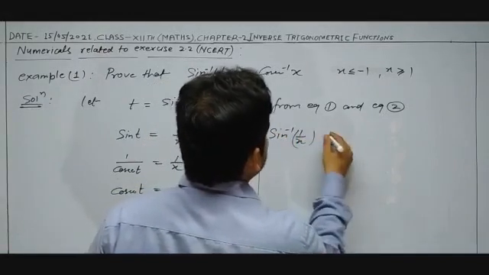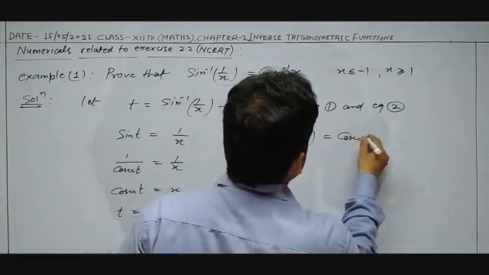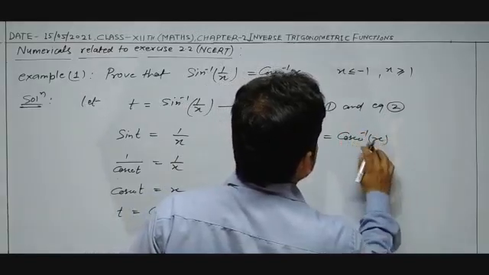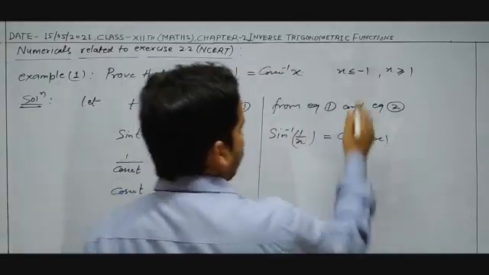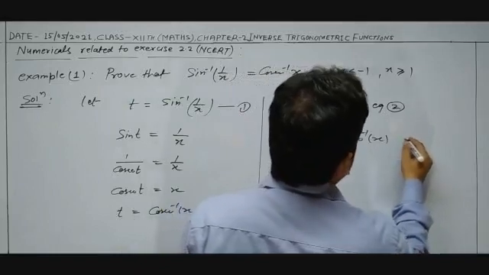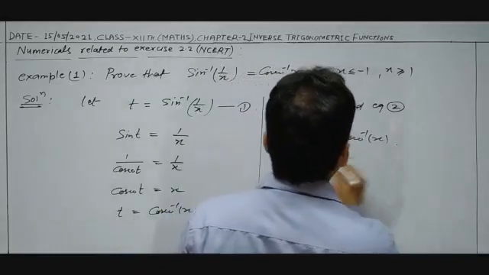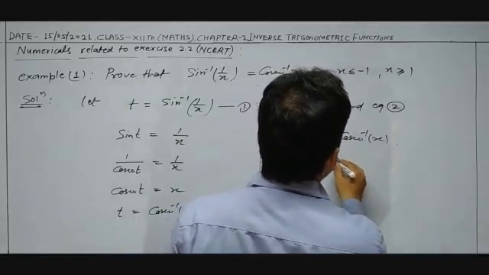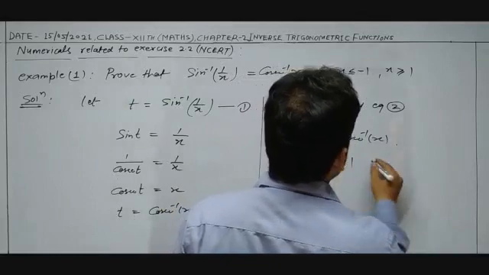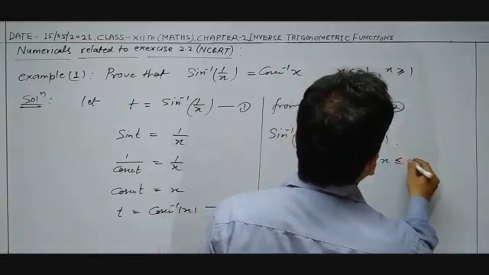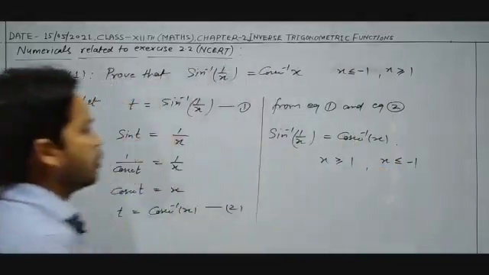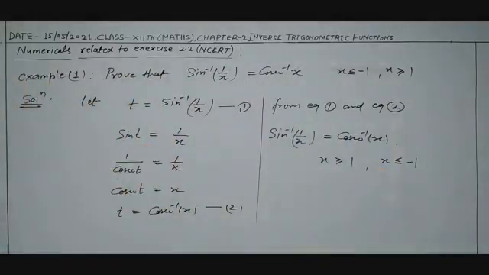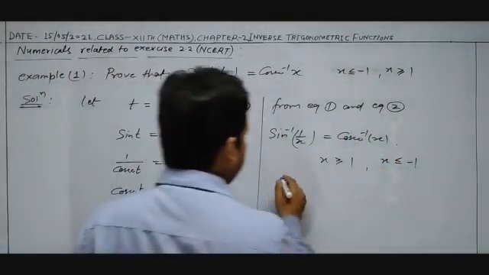Sine inverse 1 by x is equal to cosec inverse x for all x such that x is greater than or equal to 1 or less than or equal to minus 1. So this is the proof, hence proved.